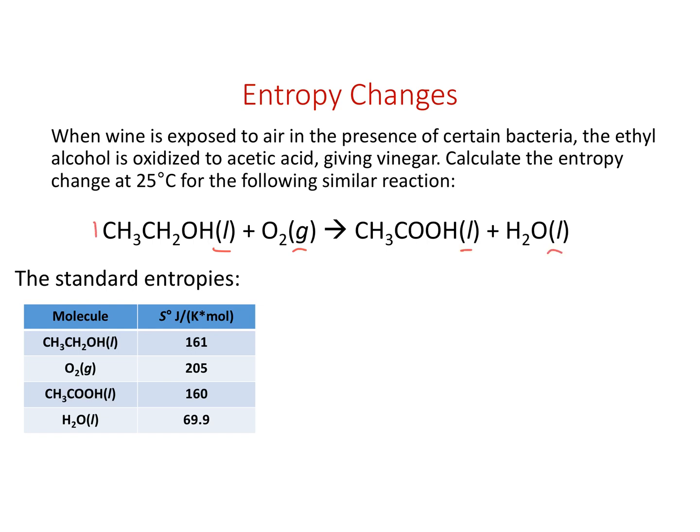And we have 1 mole of ethanol and 1 mole of oxygen producing 1 mole of acetic acid and 1 mole of water. So there is no change in moles, so I can't use that to determine whether this reaction causes an increase or decrease in entropy. However, I do go through a phase change. I start with a liquid and a gas, and I end with a liquid and a liquid. So based on that, we might guess that we'd see a decrease in entropy.